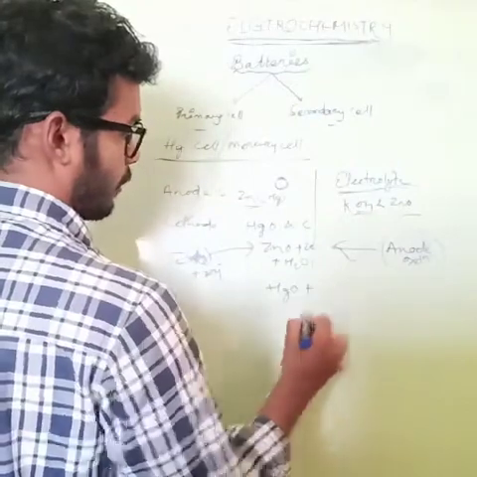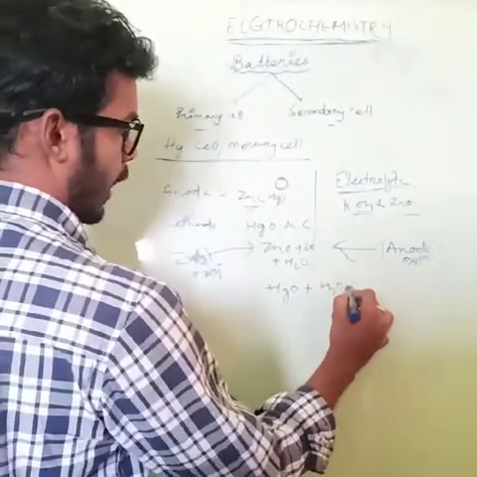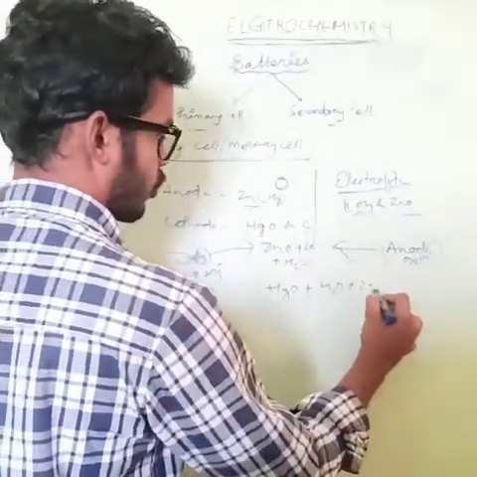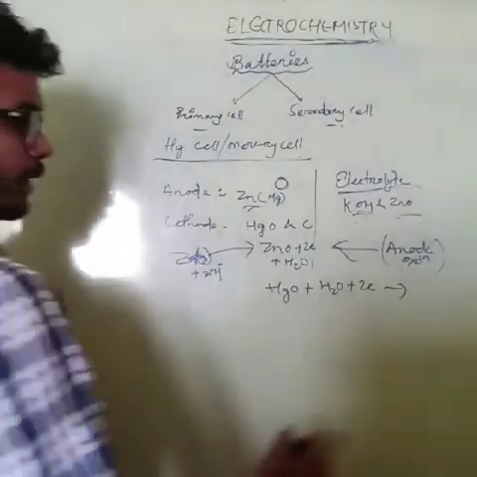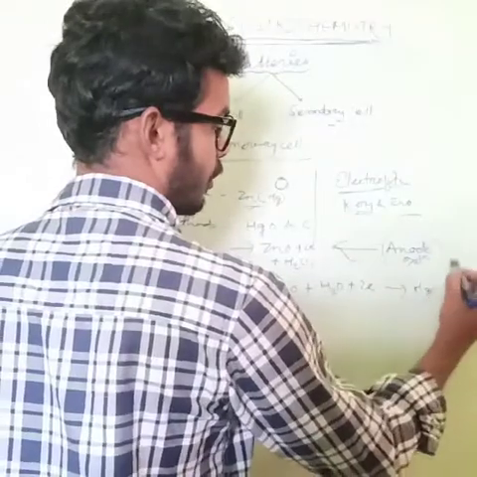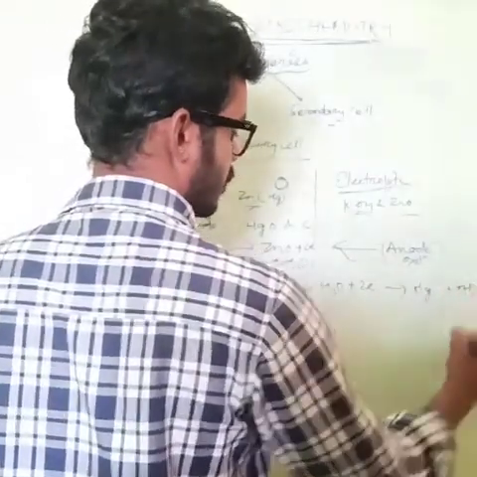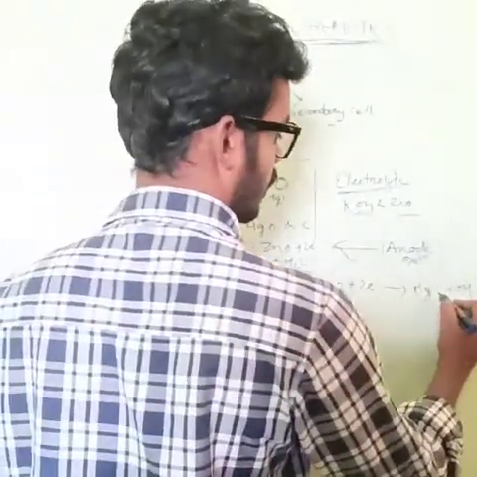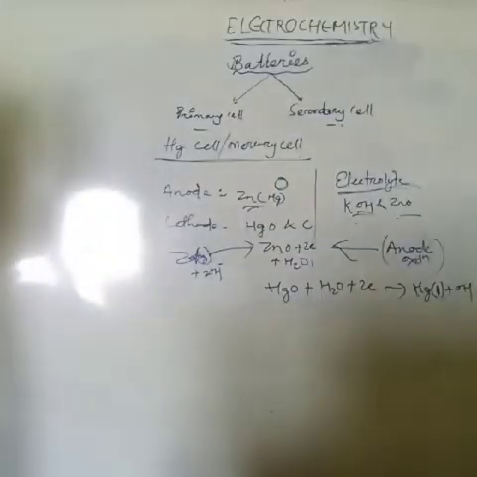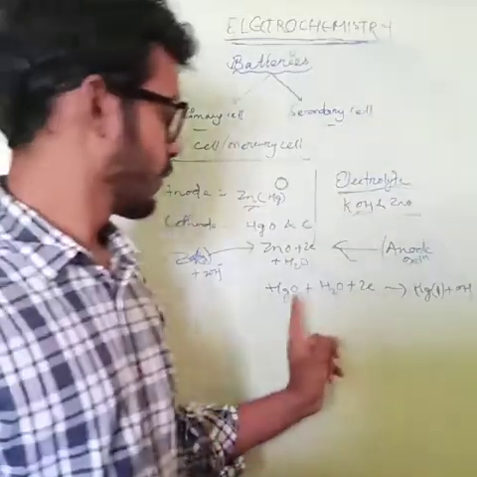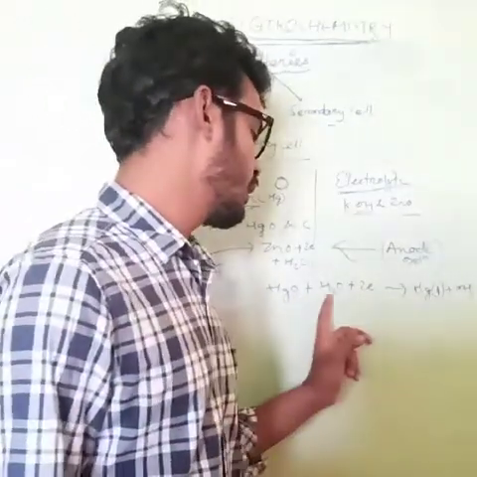HgO plus H2O and 2 electrons will give Hg plus OH minus.